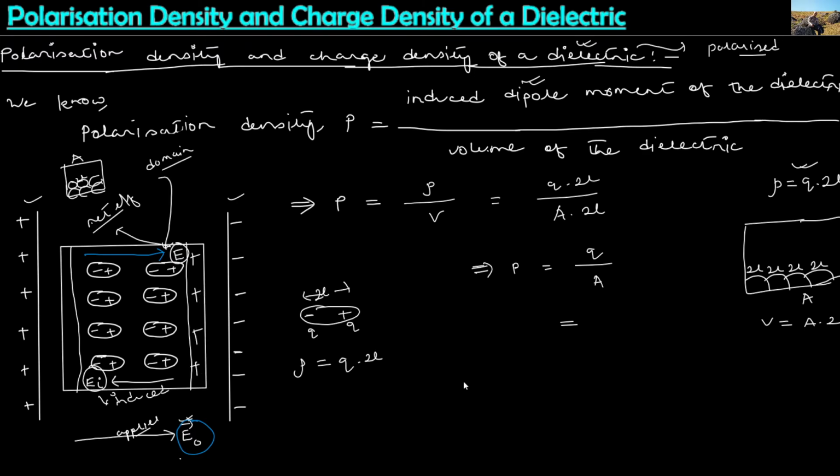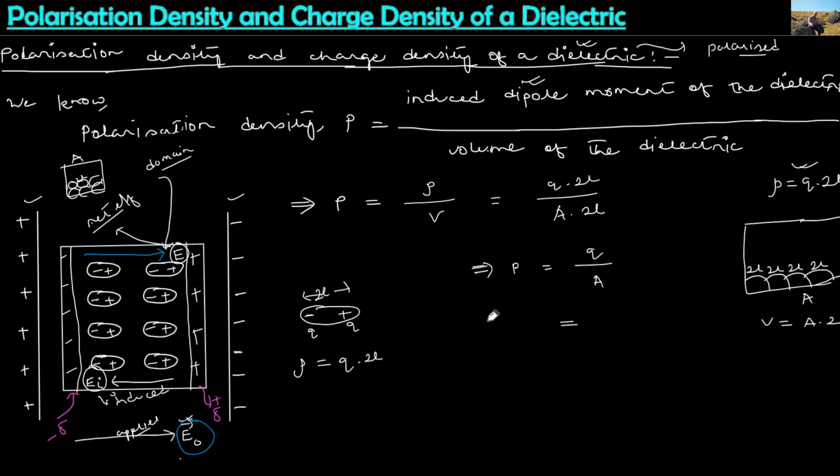So the induced dipole moment over here will be plus sigma. Whereas at the other end, because of these minus charges, this dielectric will acquire a net negative charge. So correspondingly, this end of the dielectric will acquire minus sigma.